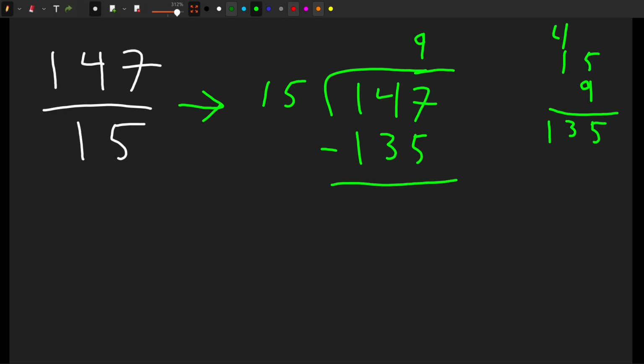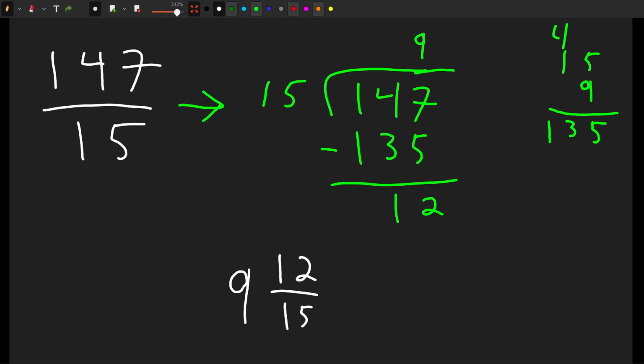Subtracting that out, I get 12. Okay. So now, my answer in this case is 9 and 12/15.